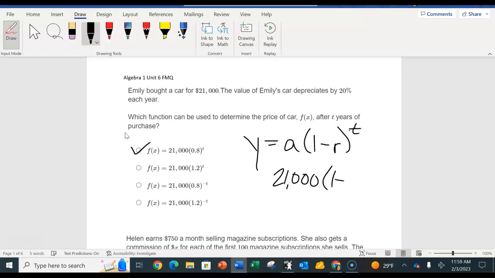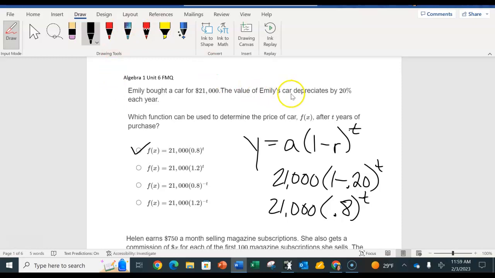So 1 minus 20%. Remember percent as a decimal, move it 2 decimal places. And then this would be 21,000 times 1 minus 0.2, which is 0.8, to the t power. So that's the only one that could work.